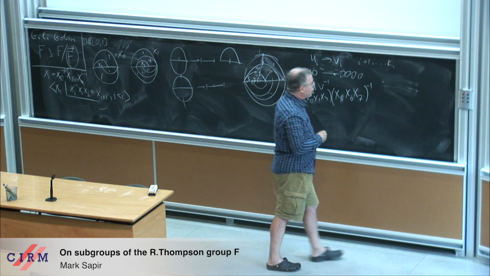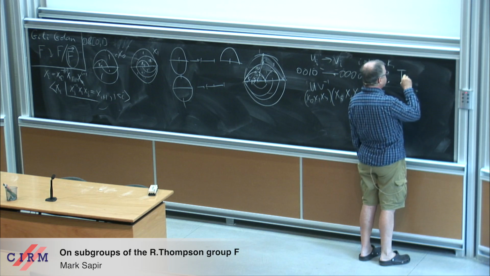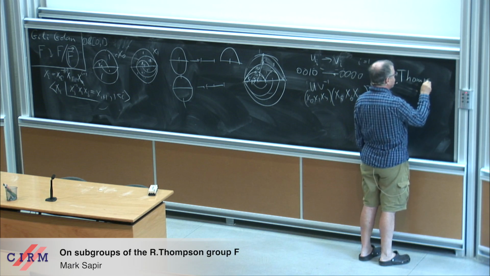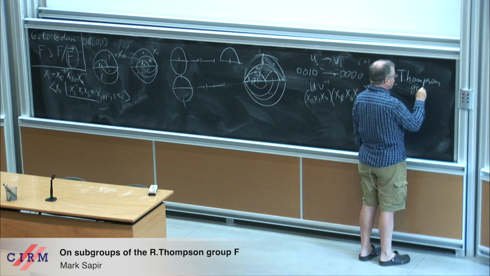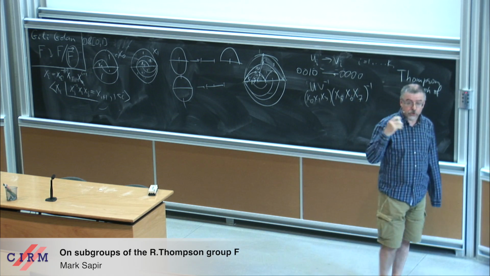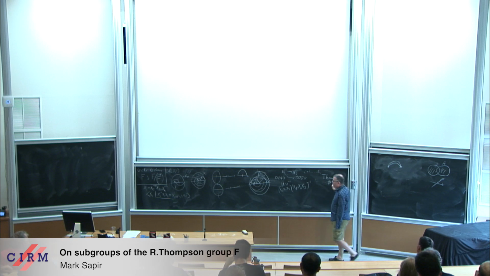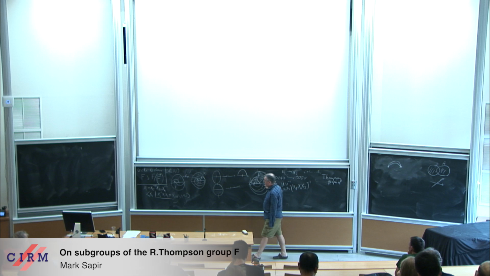What you get is what Jones called the Thompson graph of an element of the Thompson group. Actually, it's easy to see that only the left edges determine the diagram.